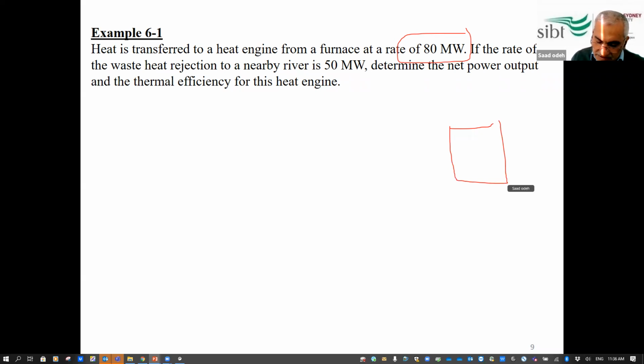I know that the heat is 80 megawatt. If the rate of waste heat rejected to a nearby river is 50 megawatts, so we're rejecting heat to a river. The rate of this heat is 50 megawatt.